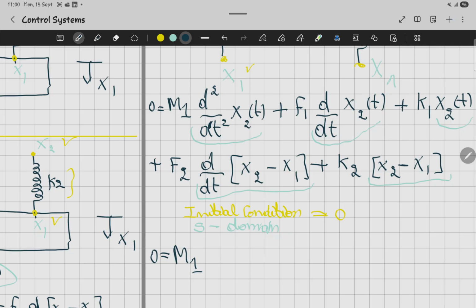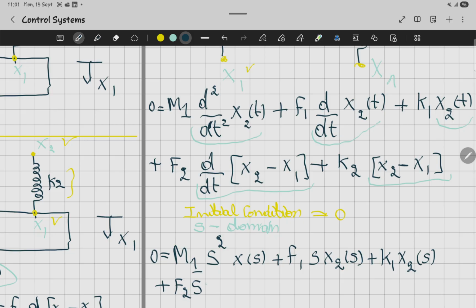You're going to get m1, as an example, s squared times x2, not of t but in terms of S domain, plus the f2 term times s, plus k2.